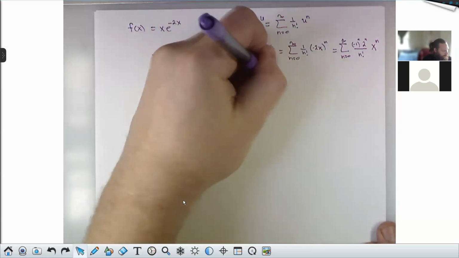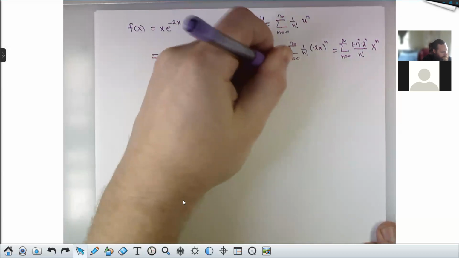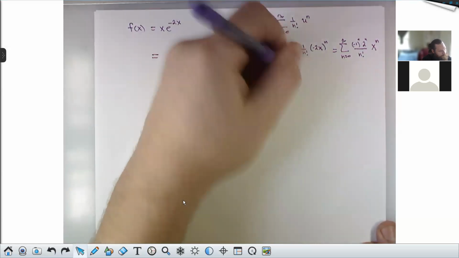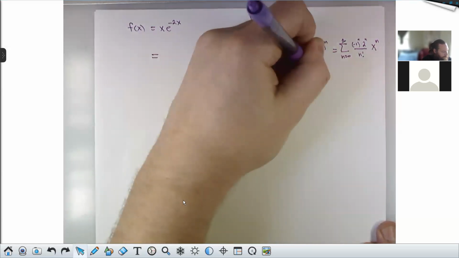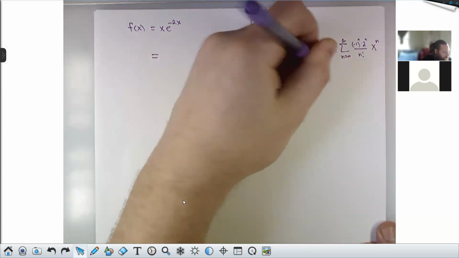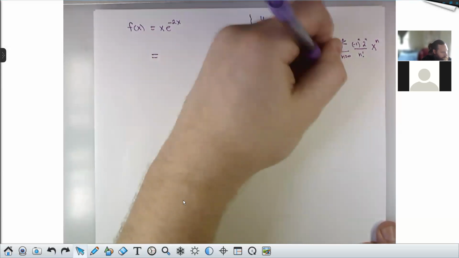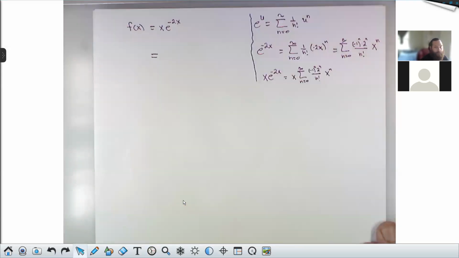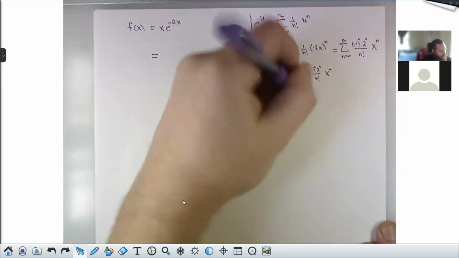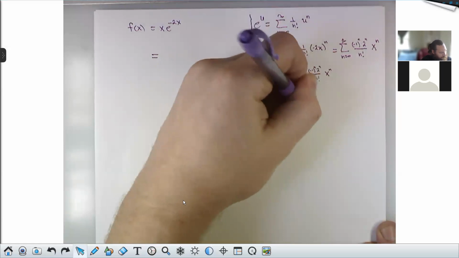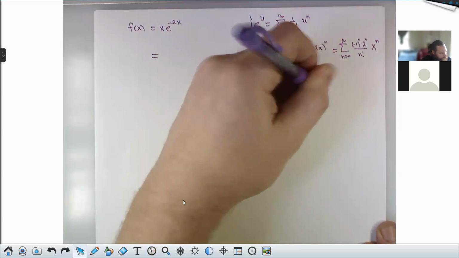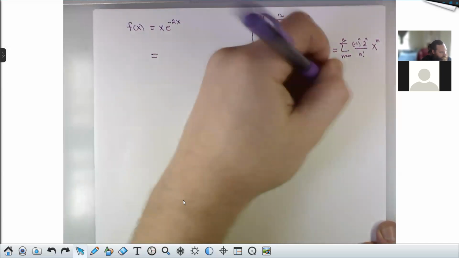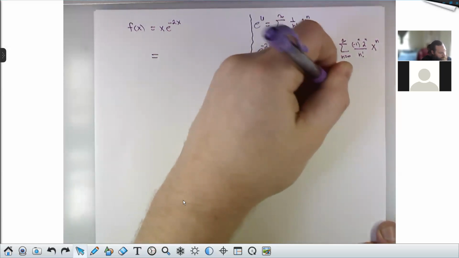Which means that x e to the negative 2x is x times sigma n from 0 to infinity (negative 1) to the n 2 to the n over n factorial x to the n, which is going to be sigma n from 0 to infinity (negative 1) to the n 2 to the n over n factorial times x to the n plus 1.